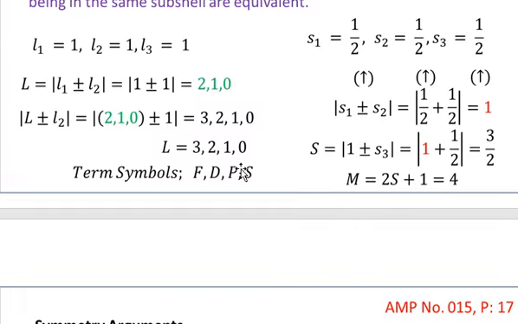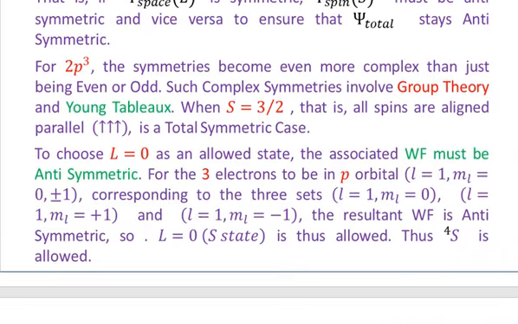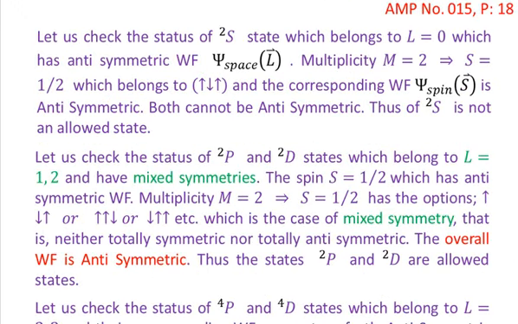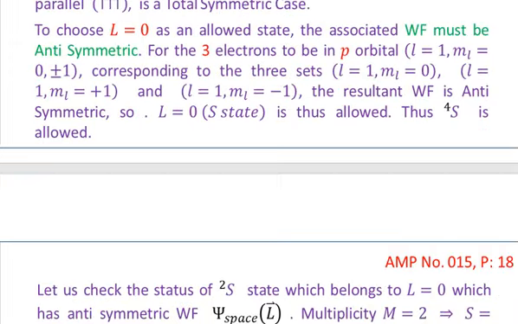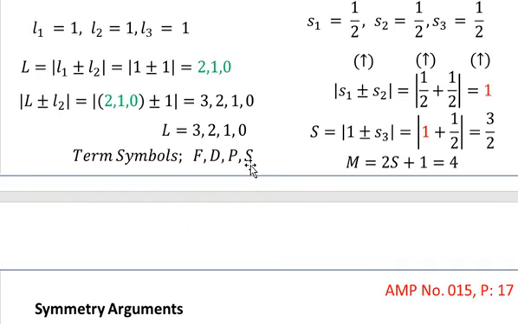Similarly, we can also check the P state, D state, and F state on similar grounds, that is, on symmetry arguments. So now let's check the P states, that is, these two states, P state and D state with multiplicity equal to 2.